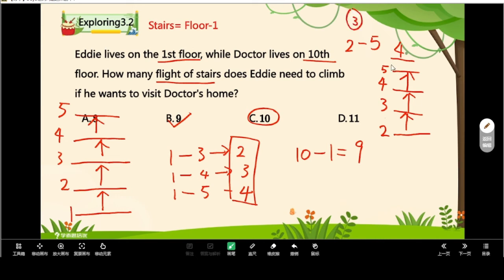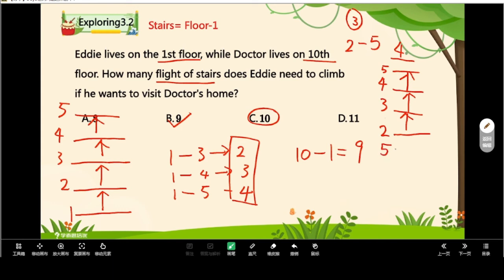Can I still use 5 minus 1 if I am not starting from the 1st floor? No, we can find that if I am starting from the 2nd floor, the number of stairs will become 3. It doesn't equal 4, right? So if we are not starting from the 1st floor, we need to use the larger number, that is 5, minus the smaller number, that is 2.